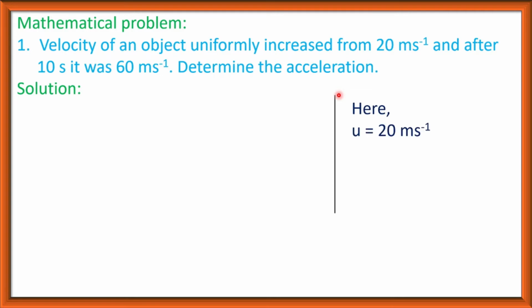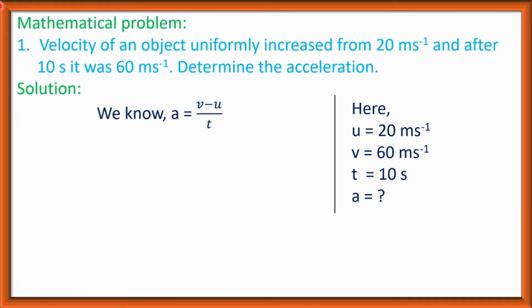Here initial velocity u is equal to 20 meter per second, final velocity v is equal to 60 meter per second, and time t is equal to 10 seconds. This is the time required to change this velocity. So what is the acceleration?